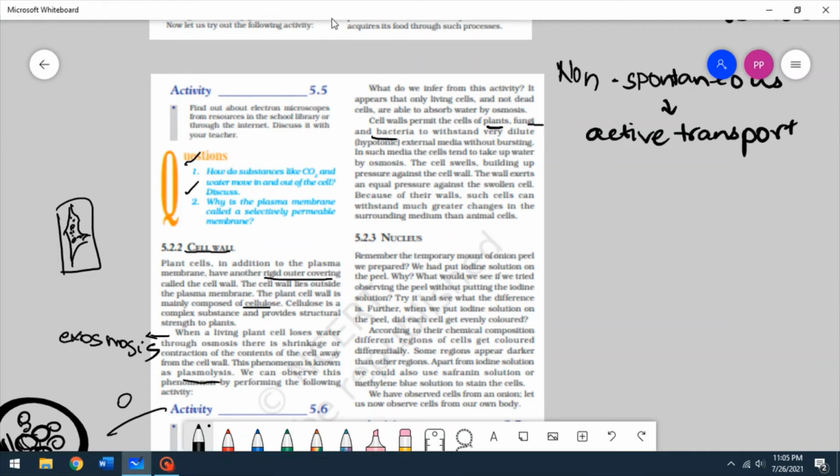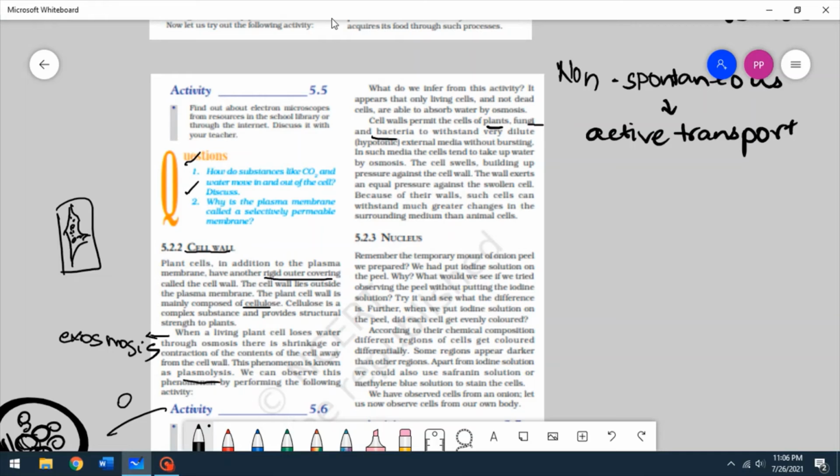But the cell wall in plants, as contrary to animal cells, plant cells have a cell wall which withstands that pressure and prevents the cell from bursting when they undergo too much endosmosis, when they take in too much contents. Alright, this builds up a pressure against the cell wall, and the cell wall exerts an equal pressure against the swollen cell.